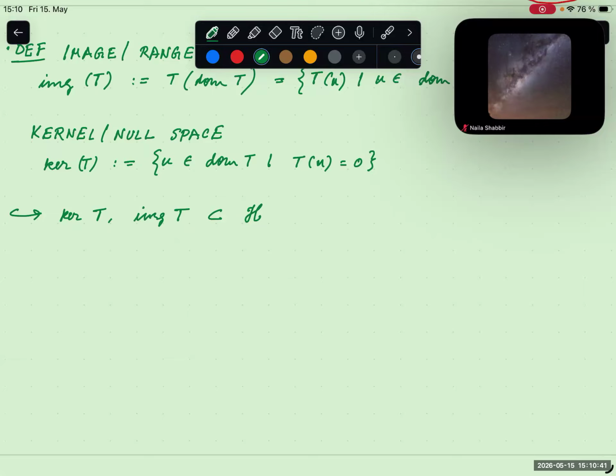Now, you may also have encountered this notion before, but let me introduce it formally. So we talk about something like restriction of an operator, which we will need, and also the notion of extension of an operator. So by an operator, we mean T from domain of T to some Hilbert space.